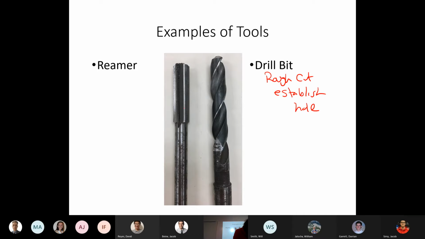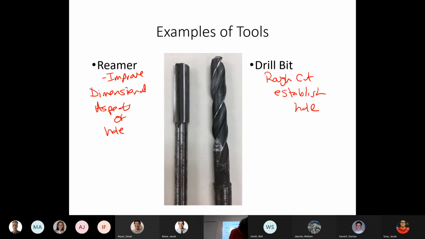The intention of the reamer is to improve the dimensional aspects of the hole. One dimensional aspect of the hole is how close to a perfect cylinder the hole is.